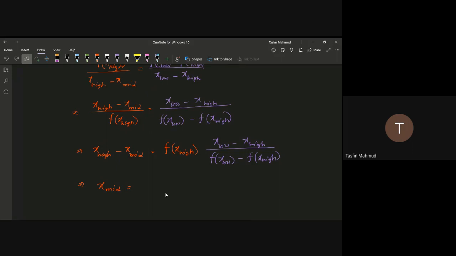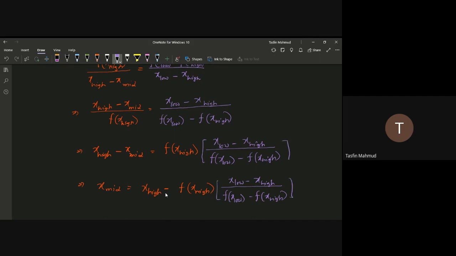So x mid would be x high minus f of x high times this portion, x low minus x high divided by f of x low minus f of x high. Okay, so that was the equation that I wrote earlier without giving the details.